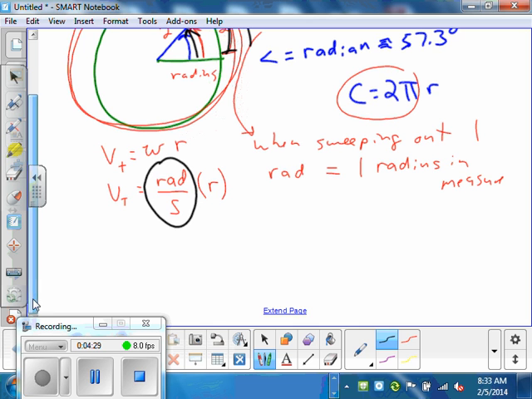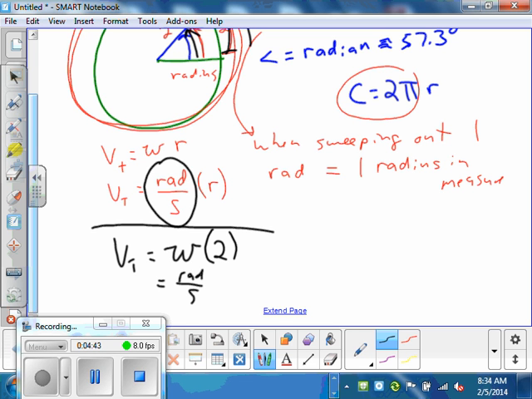But if I have a radius of 2, and I'm sweeping out 1 rad every second, my arc length is going to be 2 meters, or my distance, per second. Because my angular velocity is per second, this just becomes meters per second.